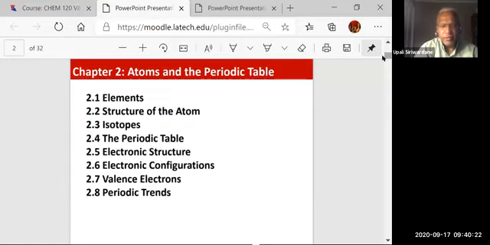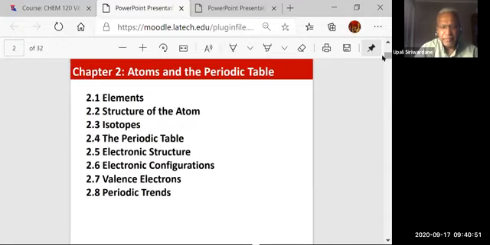So we want to look at the periodic table in detail. The periodic table is basically the structure of the atom. It gives enough information about chemical properties, their reactivity, and electronic configuration, and provides the pattern for bonding, ionic bonding, covalent bonding. So electronic configuration is important.